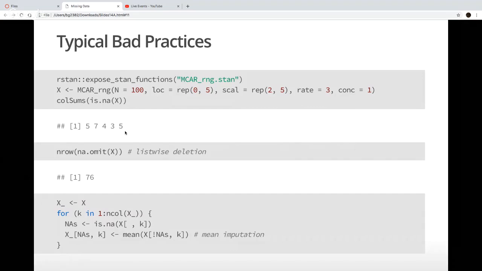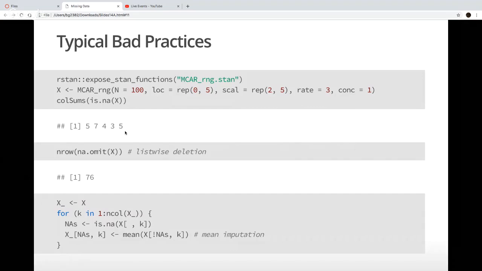So under a missing completely at random data generating process, just using the fully observed observations doesn't create any bias, but it doesn't take advantage of all of the information that you have. And moreover, people are doing things like this all the time, even if there's no basis at all for the missing completely at random assumption.